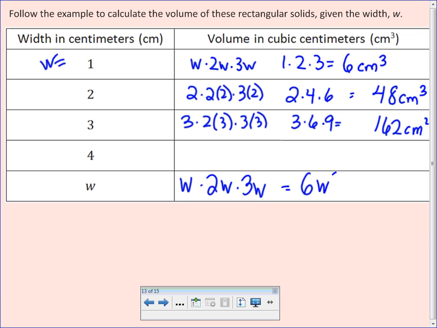W cubed. Right, but we also have to label it centimeters cubed. It should be cubed. I don't know what I wrote, or if it got blocked in there, or I messed it up, but it should be cubed. So good question.